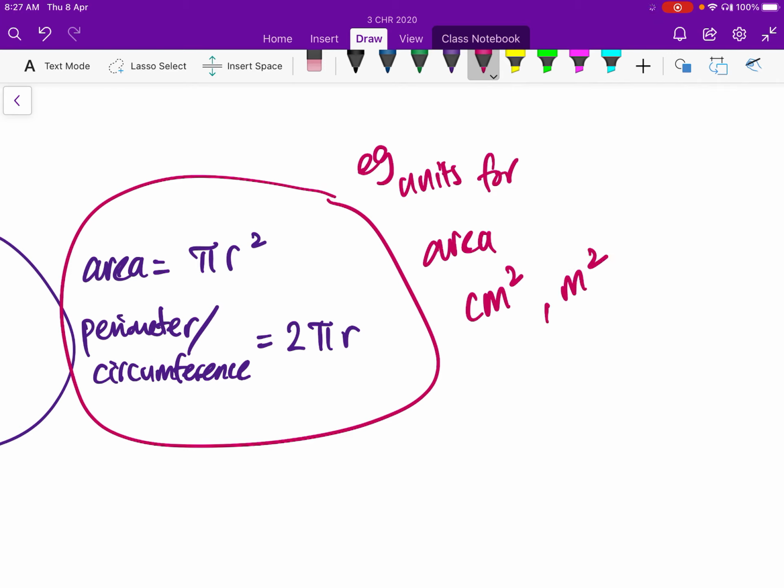Square meters. mm with a square. km with a square. What do you notice for the units for area? Yeah, all that have a square, right? So looking at the area of a circle versus the circumference of a circle, if you ever get mixed up, how to remember? The one that has a square is the one for the area.